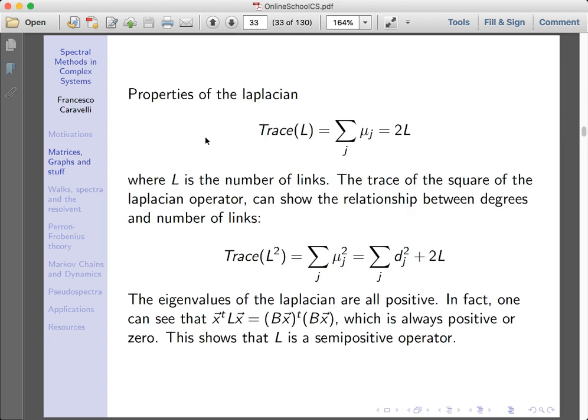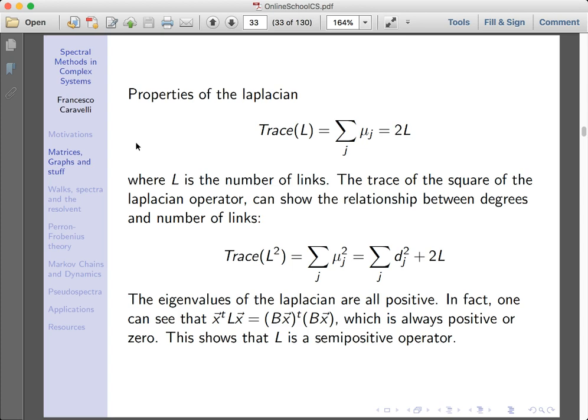The Laplacian has several properties that I'm now going to describe. The first is straightforward, the second not completely straightforward. The trace of the Laplacian, which as we saw before is the sum over the eigenvalues of the Laplacian, is equal to 2 times the number of edges or number of links of the graph.